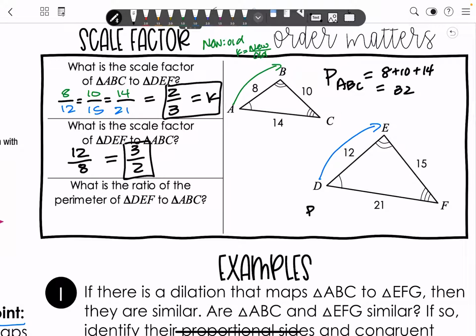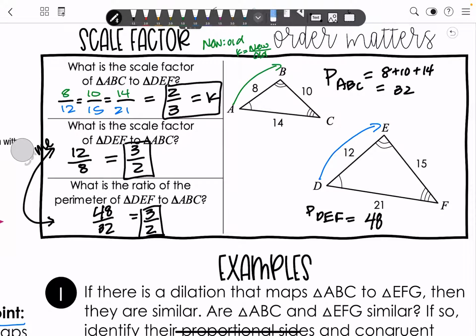And if we find the perimeter of DEF and add up all three of those numbers, you get 48. So you have 48 to 32. When you end up simplifying 48 to 32, it actually ends up simplifying to 3 over 2, which was the same scale factor that we were working with.